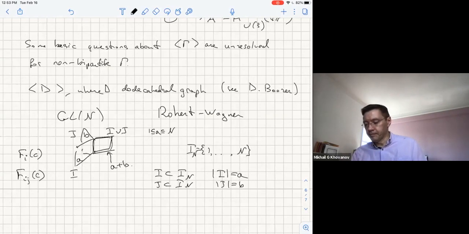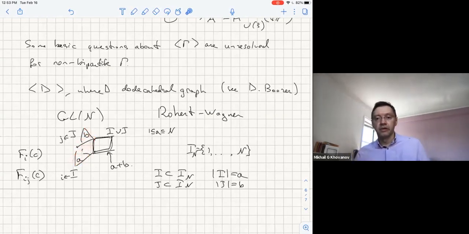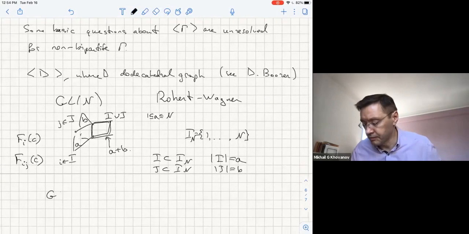And so for instance, if you have I and I, J and J, then F_ij of C will contain this facet, but not the thick facet. And then we have a similar formula which involves minus signs because over Z and variables, and that eventually gives rise to a purely combinatorial approach to link homology for GL(N).